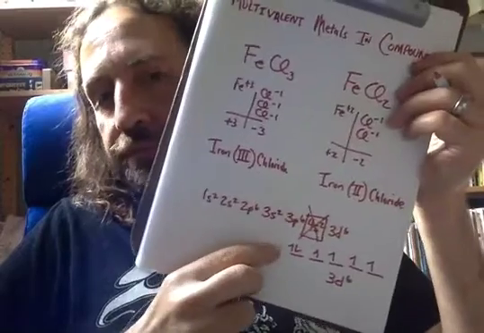Okay, so I'm going to blow up this d orbital here. 3d6, up, up, up, down, up, up, down, like that, right?